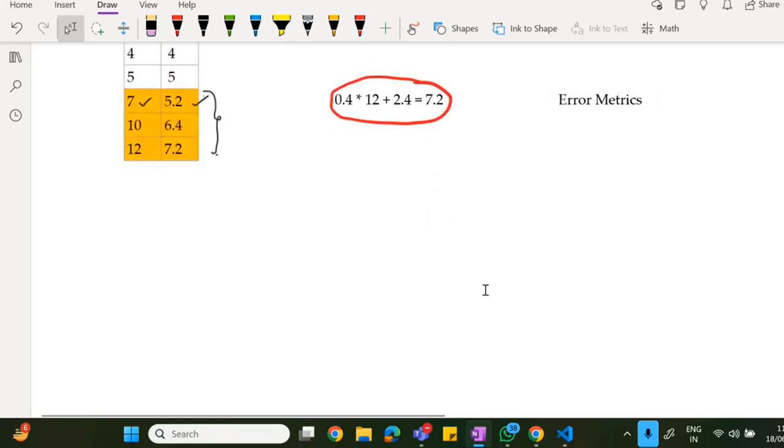In a simple way, my equation was y = mx + c, that is y = 0.4 into x + 2.4. Is this equation correct or not? How to know that? Simple, guys.